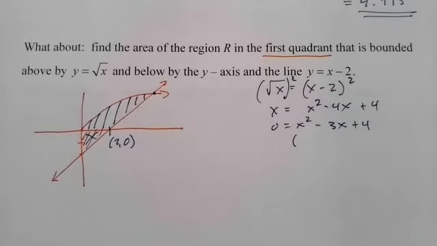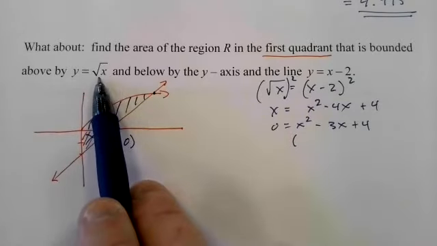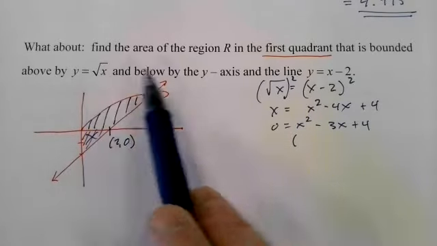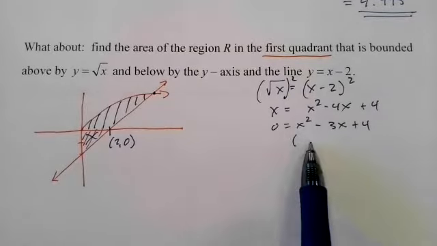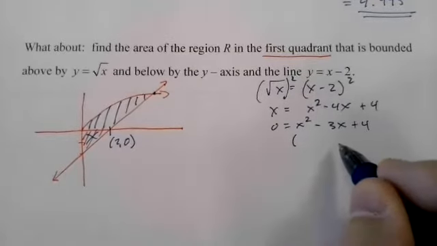Yep, my brain is definitely shutting off. I know if I plug in 4 here, I get square root of 4 is 2. And if I plug in 4 here, I get 2. So x minus 4 is a factor.